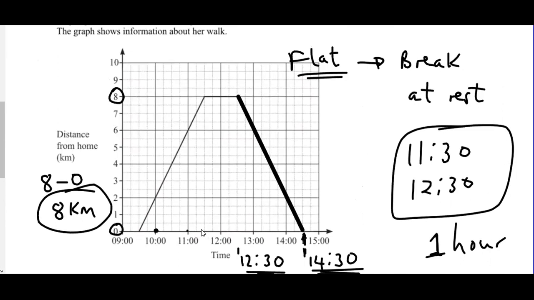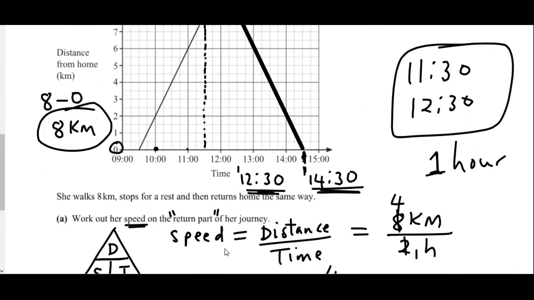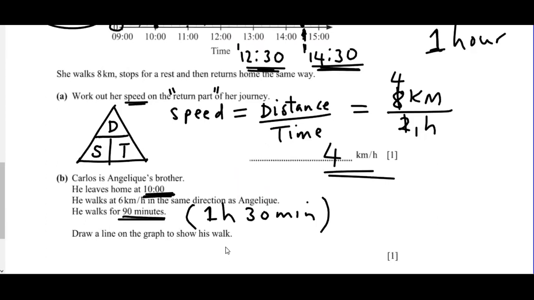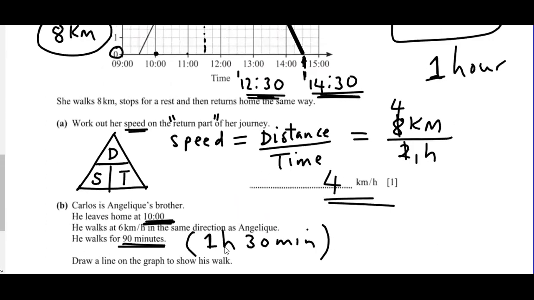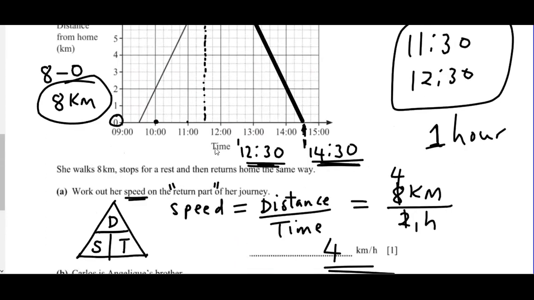So you put a mark. This is where Angelique's brother stopped. See that? Now we have got that his journey ended somewhere here at 11:30, this point here.